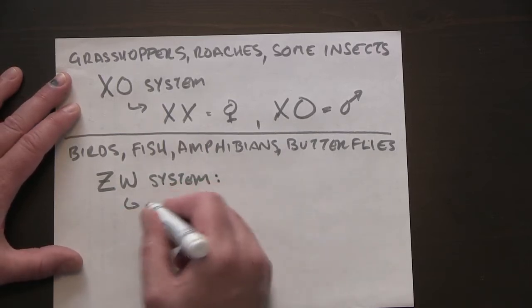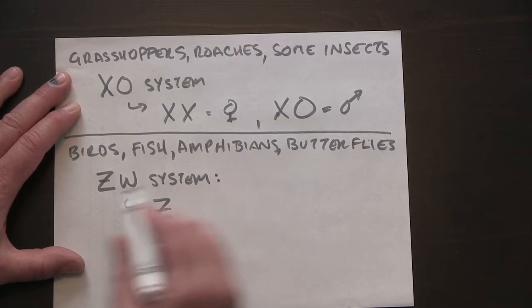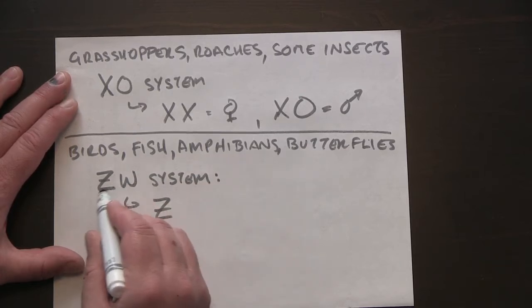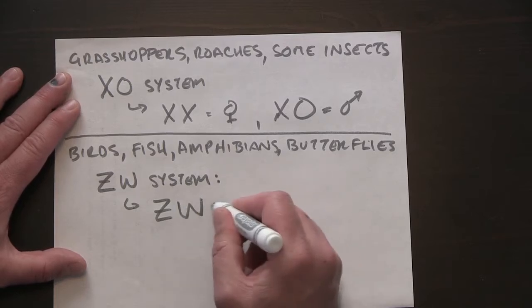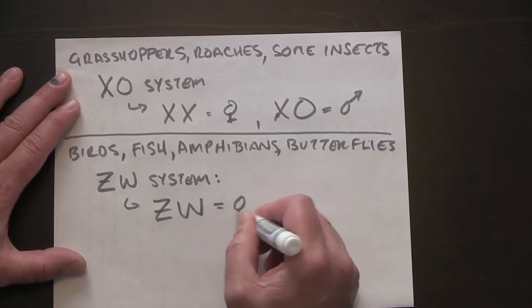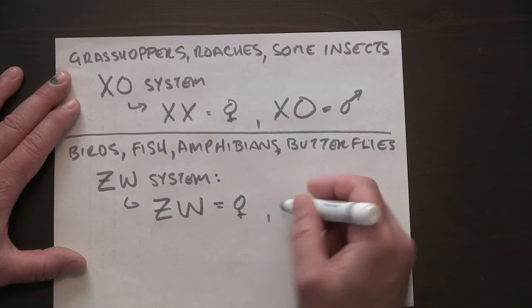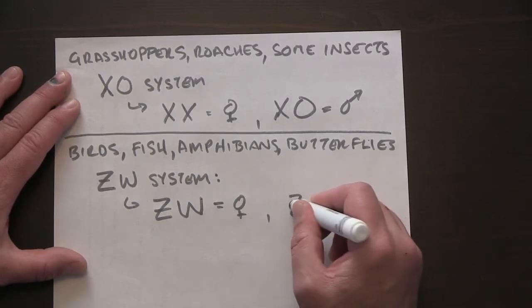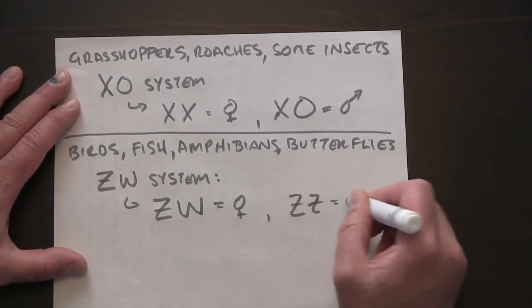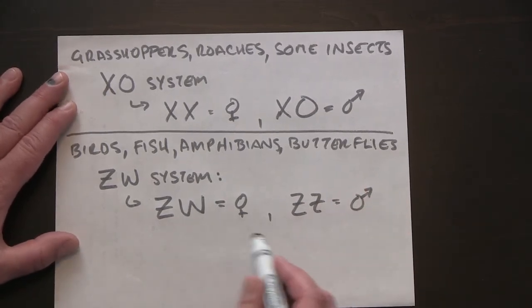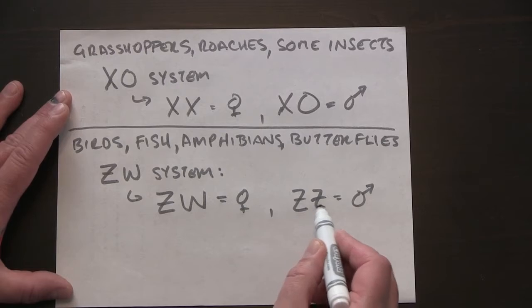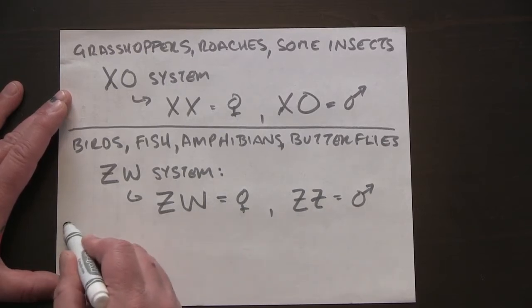Instead of XY, the two chromosomes are just called Z and W. If you are ZW, you're female. And if you're ZZ, you're male, which is, again, kind of the opposite of us. Two are the same versus two are the opposite.